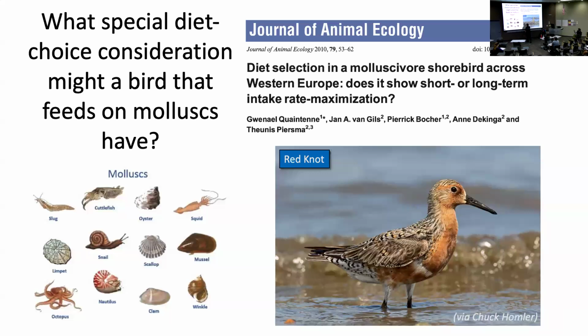If you eat seafood, if you eat scallops, you probably don't eat them in this form. The red knot does, right? So if you tried to eat a scallop in this form, that could be very bad for you, right?